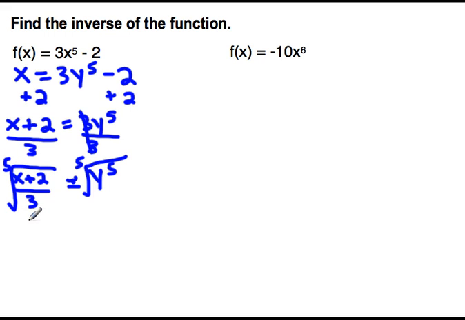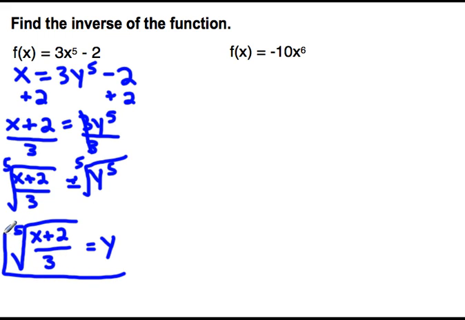And that leaves us with the 5th root of x plus 2 over 3, and that equals y. Now, I will say, typically, this is not a rationalized denominator, but for finding inverses, we're going to go ahead and just leave that for now. So we'll just leave the 5th root of 3 in the denominator.